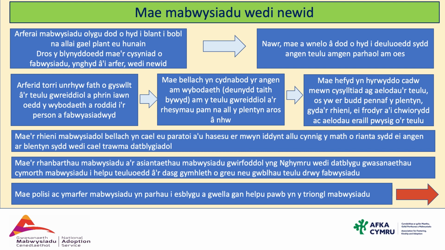Adoptive parents are now prepared and assessed in order that they can provide the kind of parenting that a child who has suffered developmental trauma needs, and they're prepared and assessed in relation to their ability to be open about adoption and to facilitate keeping in touch. The adoption regions and the voluntary adoption agencies in Wales have developed adoption support services to help families with this incredibly complex task of creating or completing a family through adoption.